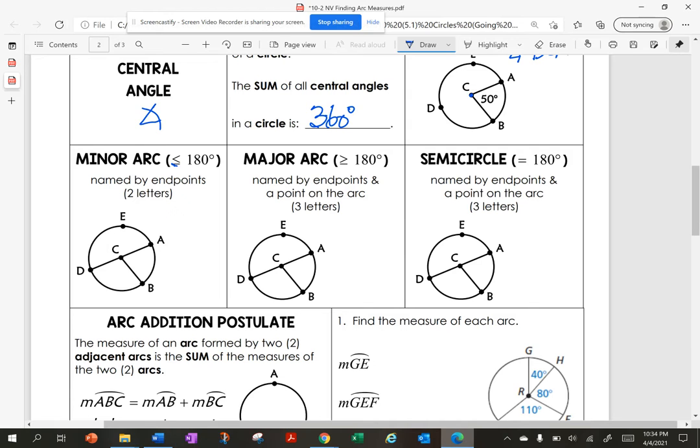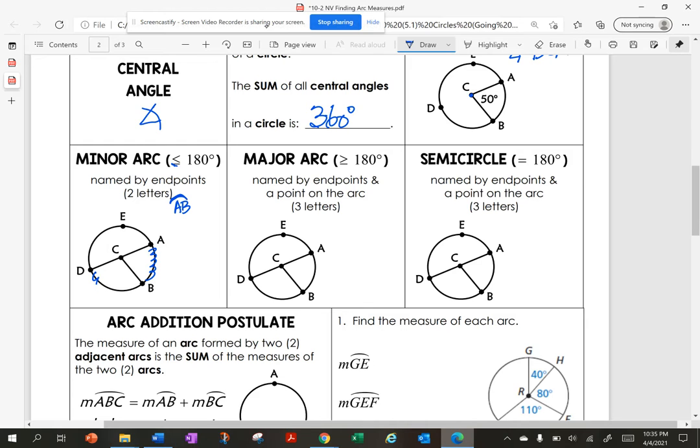So a minor arc is named by two endpoints. An arc is a portion of a circle. So I can say arc AB. So here is arc AB, and I draw it with an arc symbol.